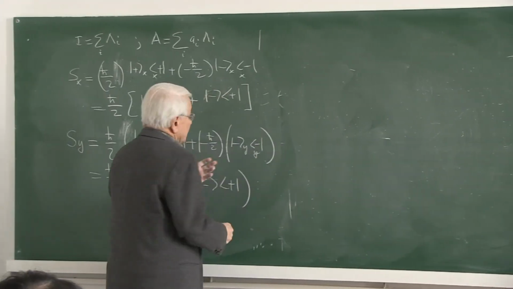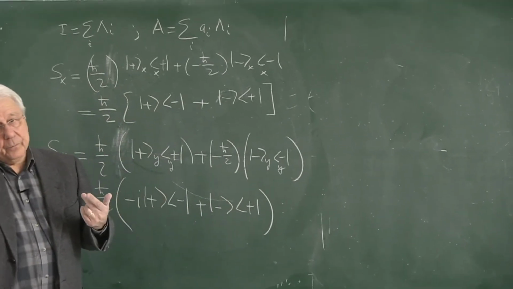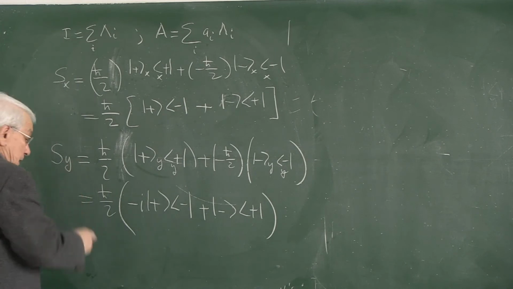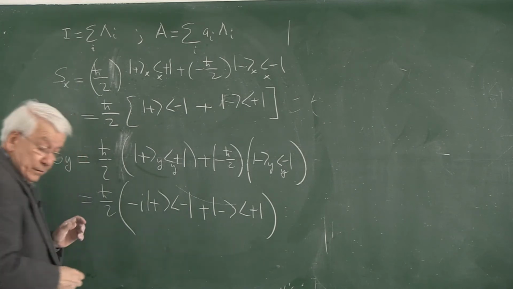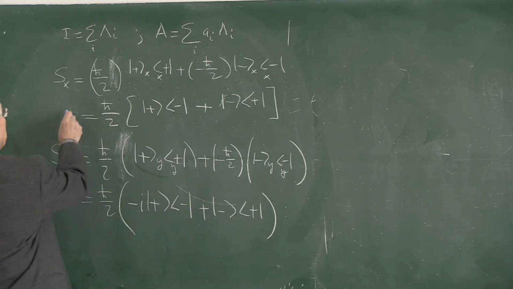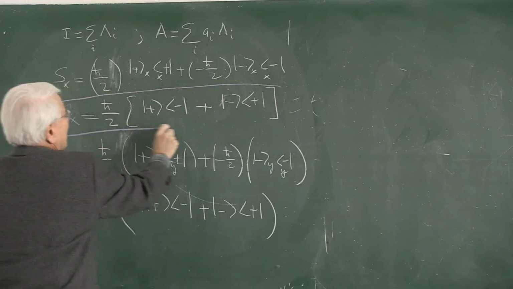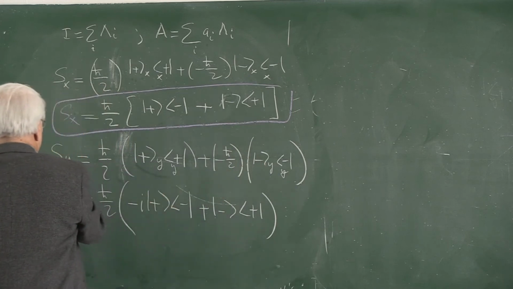So what is the matrix representation of these now? This is Sx. Let me circle this in a different color. This is important. This is Sx, and that's Sy.